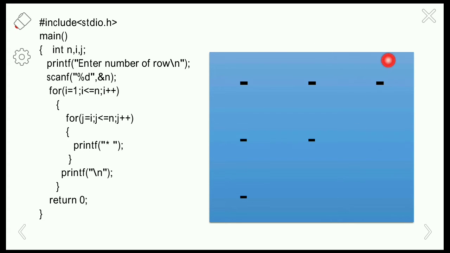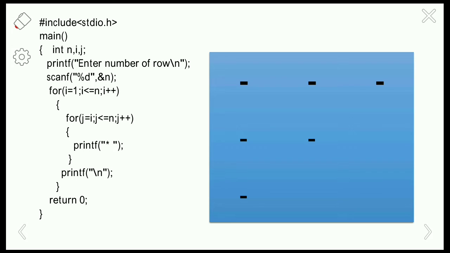In each and every row it is going to print the spaces in a particular fashion here. If you observe, there are 3 spaces, next 2 spaces and 1 space, that means the spaces are decreasing here.